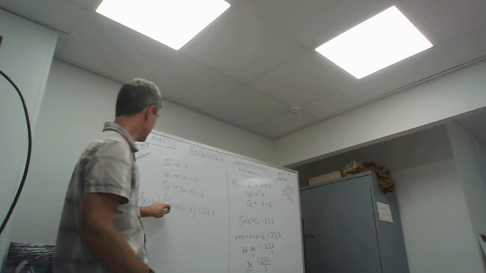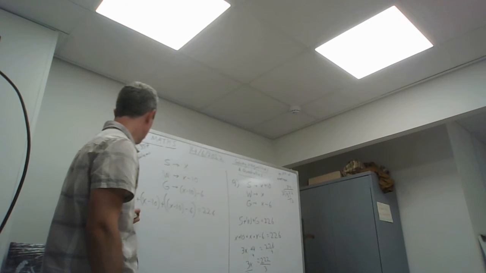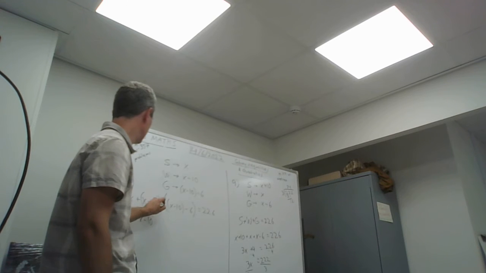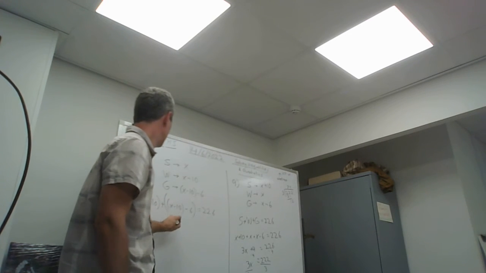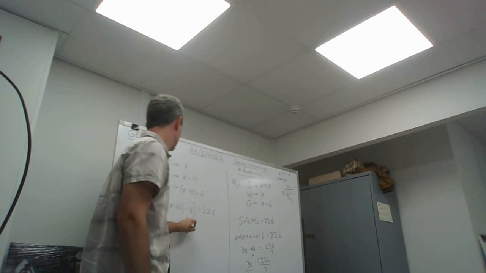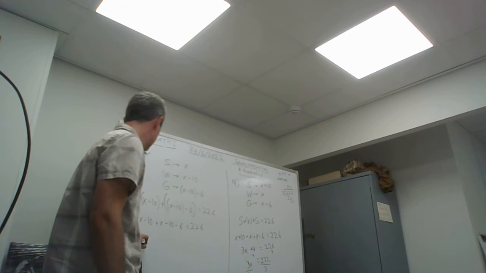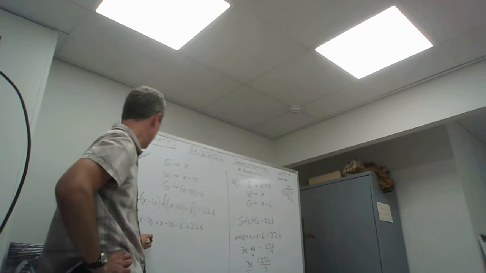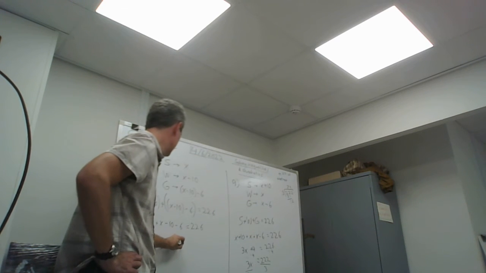Now I can get rid of these brackets because they're all just adding and subtracting. So it becomes x plus x minus 10 plus x minus 10 minus 6 equals 226. These all still become 3x, and now it's minus 26 equals 226.